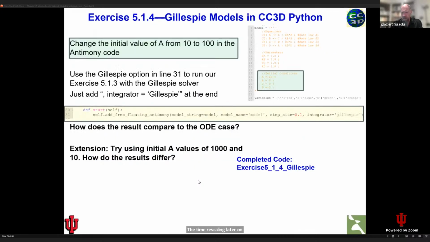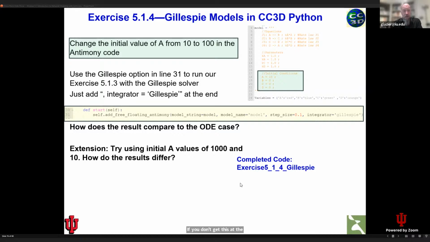We're a little over time already, but if people feel like doing this, you can change the initial value in your simulation from 10 to 100 here in line 18. And in line 31, add that comma integrator equals Gillespie and run it and see what happens. If you don't get this at the moment, keep working on the previous problem.